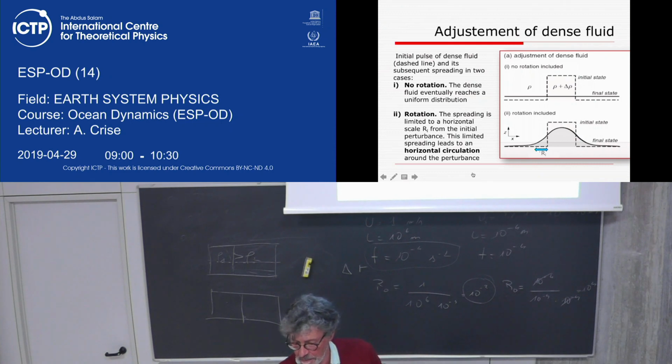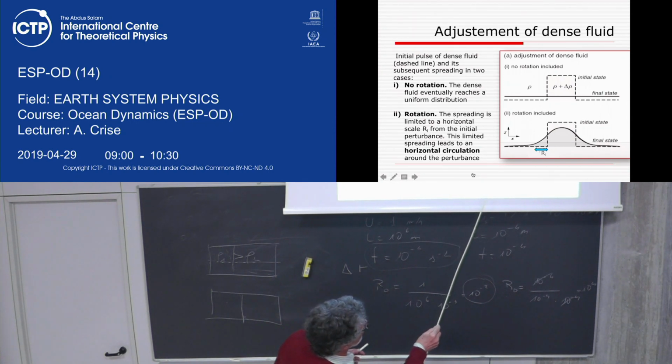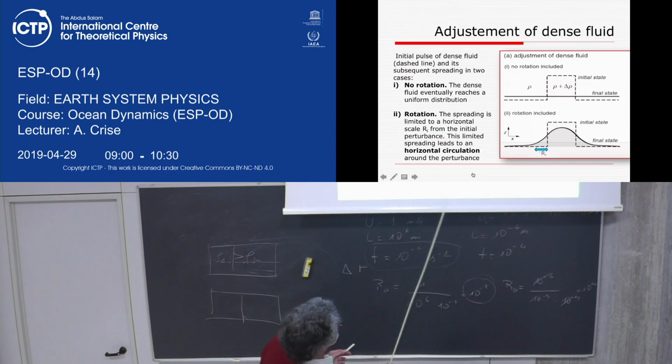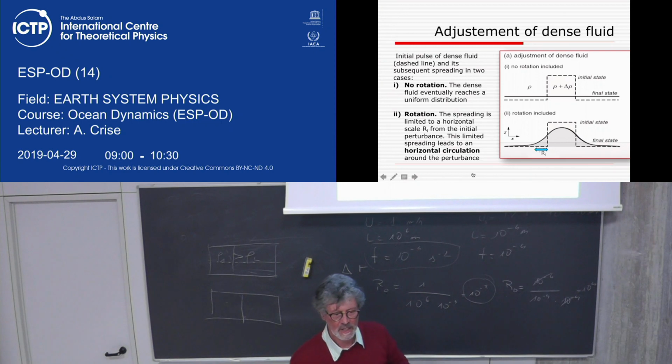In this case, rotation just diverts the density current and then creates a circular current. It's just geostrophic adjustment, which has a scale. You can demonstrate this scale of adjustment is the Rossby radius. That's why the Rossby radius scales the dimension of the eddies. This is important to capture.